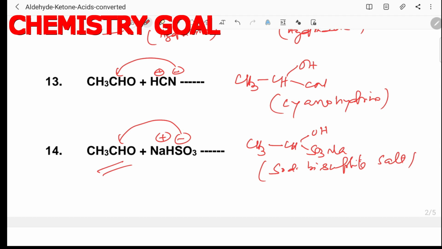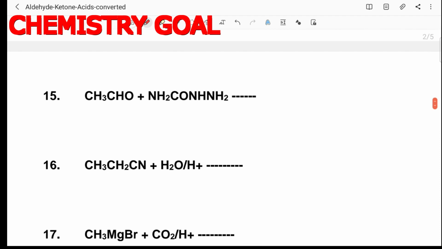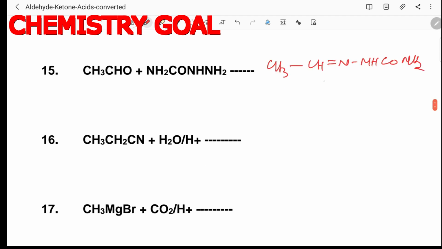As you have taken acetaldehyde, it is the sodium bisulfite salt of acetaldehyde. It is also a nucleophilic addition reaction. Then reaction 15 is acetaldehyde reacting with semicarbazide. We have already discussed this reaction. So CH3CH, then NNHCONH2, the final product, with the double bond to N here. It is semicarbazone.